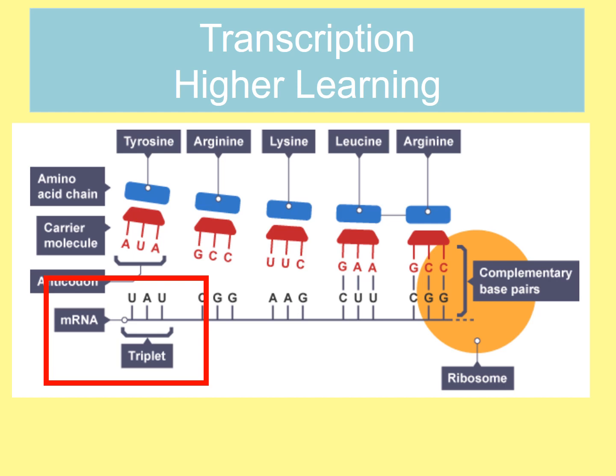And those triplet codes on the mRNA sequence interact with what's called an anticodon on a transfer RNA molecule, which is picked up and is complementary to one particular amino acid. If you have a look along the mRNA code, you'll see there that there are a sequence of different triplet bases, and they all code for a different amino acid.